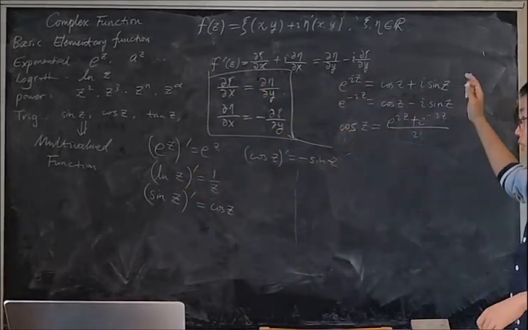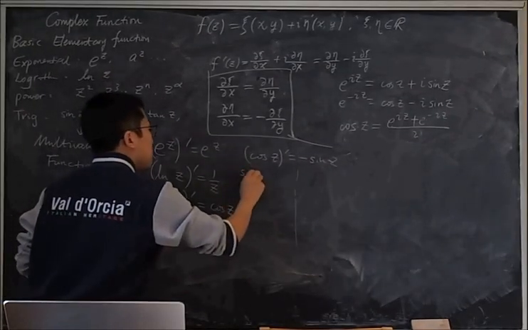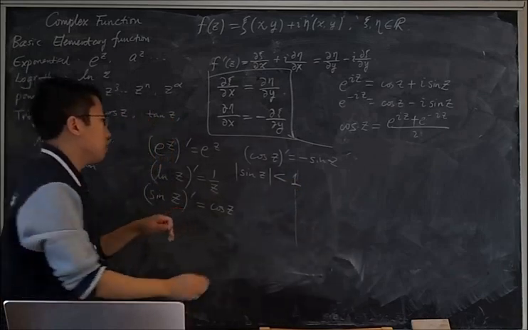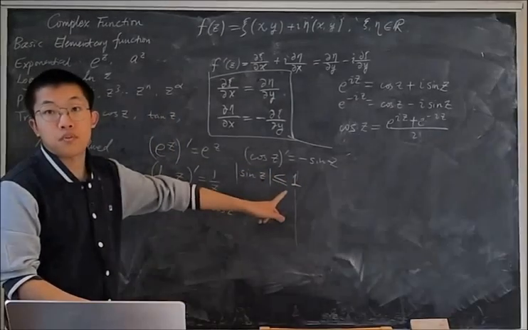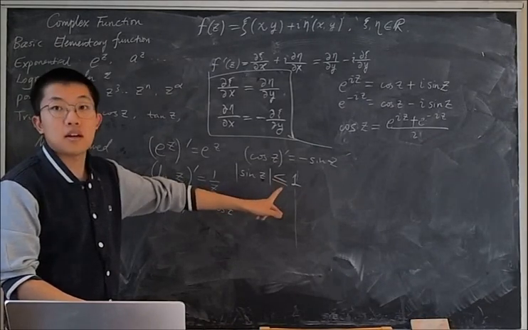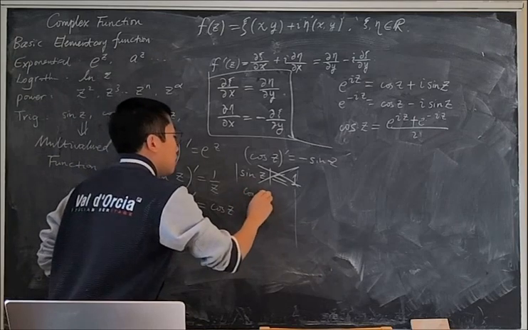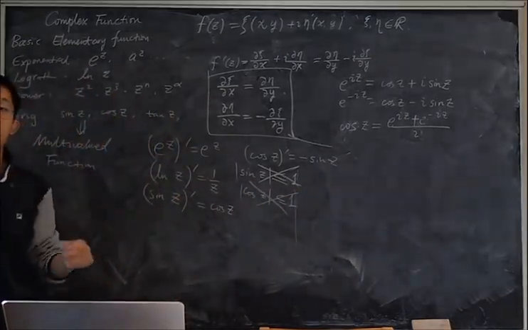And also with the analysis, we can see that sine z is bounded if z is real, but for complex z, this is no longer true. Similarly, cosine z is no longer bounded. It could go to infinity.